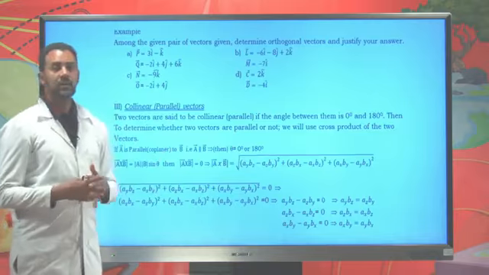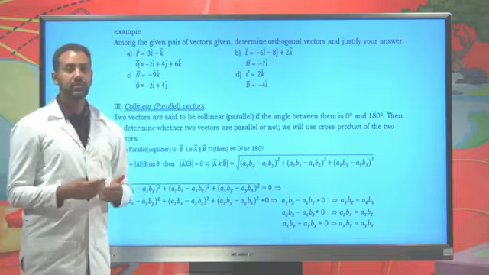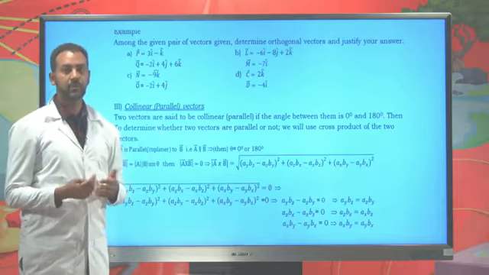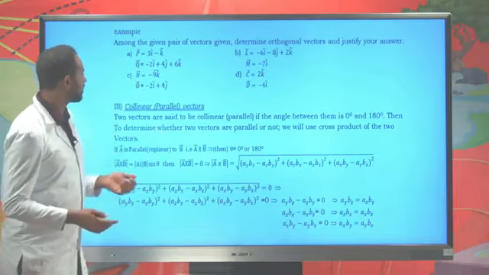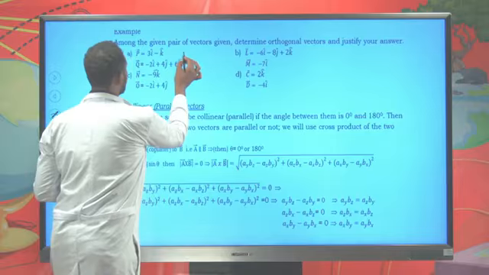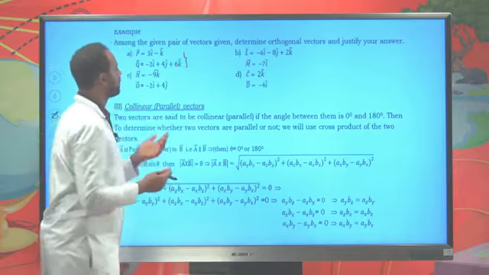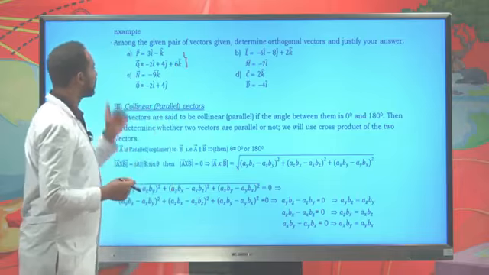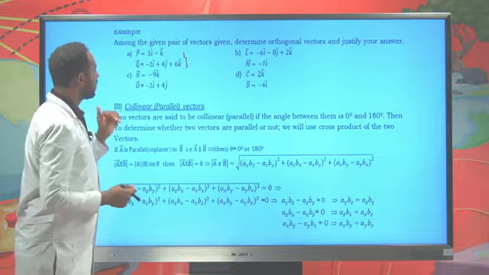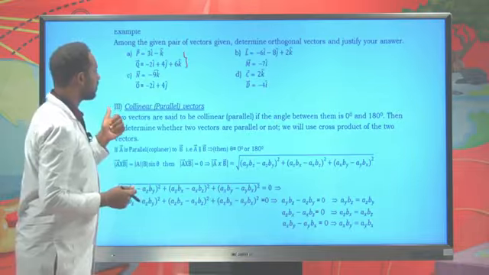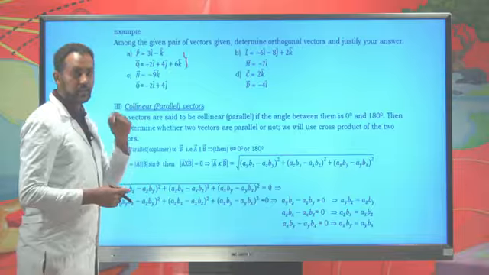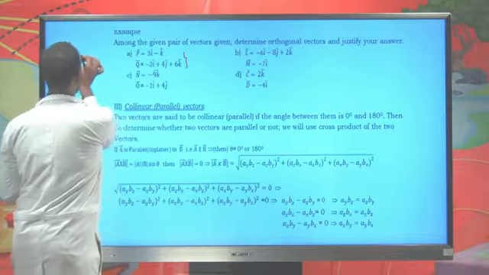Suppose here let's try to find whether those pairs of vectors are perpendicular or not. Here you have two vectors. Let's check whether these two vectors are orthogonal or not. To find that, you have to multiply each coefficient. What are the components of vector P?